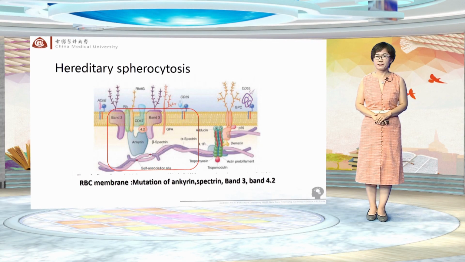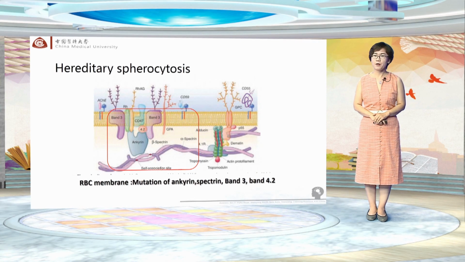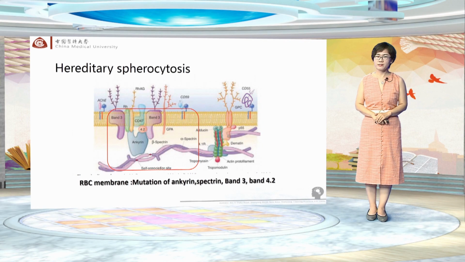The alpha-beta spectrin chain dimers associate to form most of the cytoskeleton, and several proteins such as ankyrin connect the membrane to the cytoskeleton. Mutation of membrane protein, usually ankyrin, occasionally spectrin, band 3, or band 4.2, leads to membrane protein defects. That is called hereditary spherocytosis.